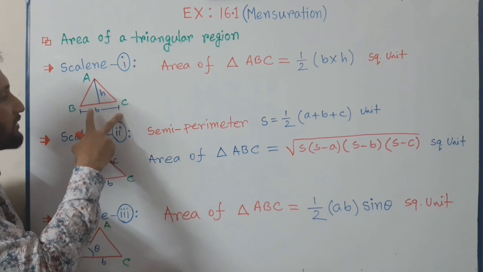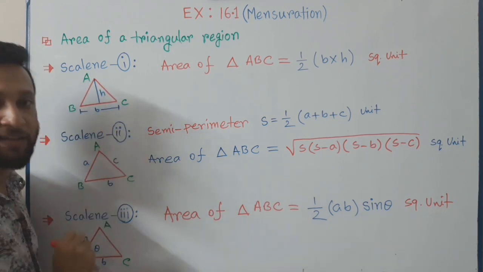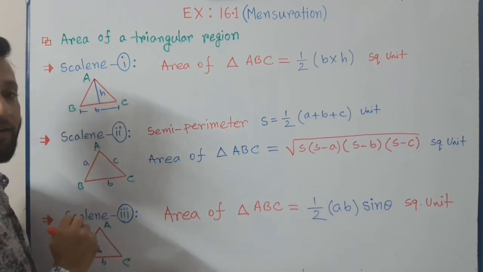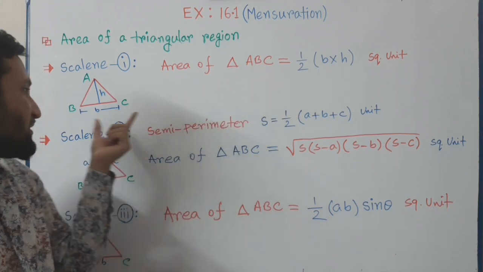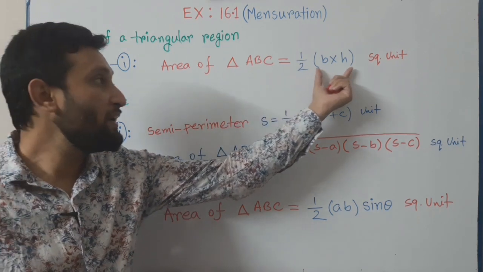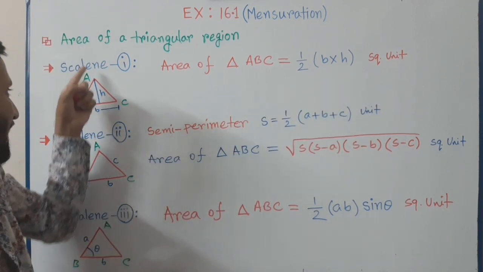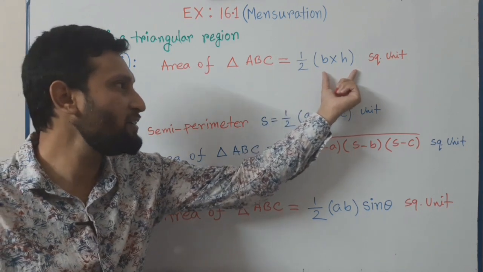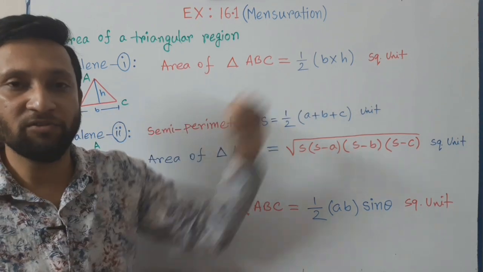If the base and height of this scalene triangle are given, then we can easily find the area of this scalene triangle, and the area of triangle ABC is equal to half of base into height. That means base of this scalene triangle B and height H. So half of base into height is equal to the area of this scalene triangle, and then square unit.